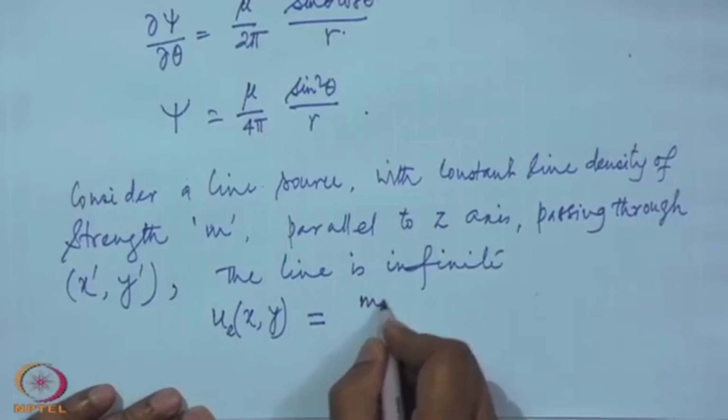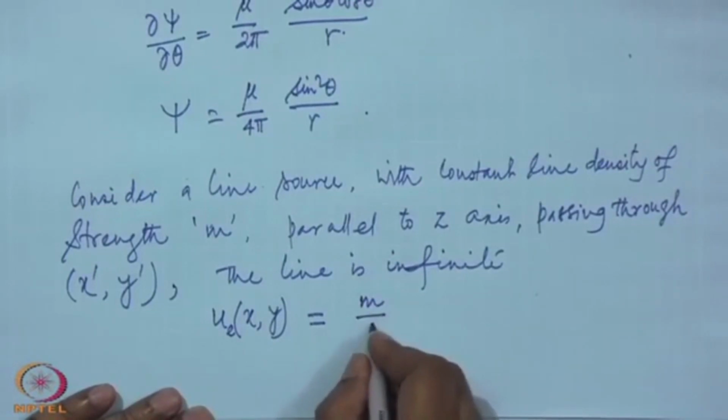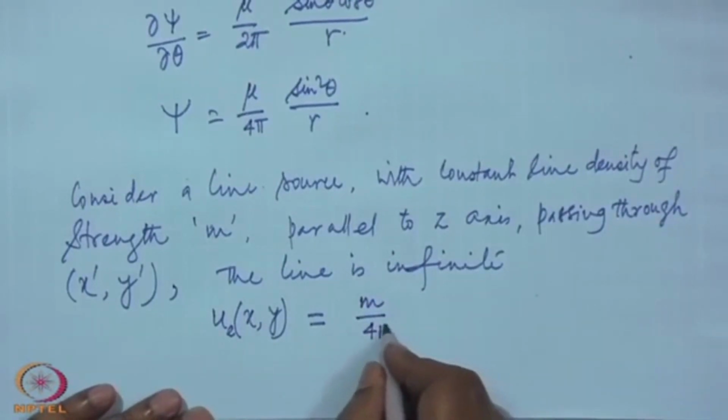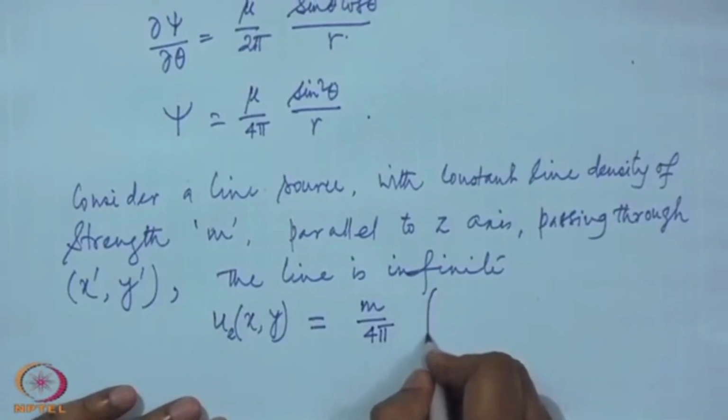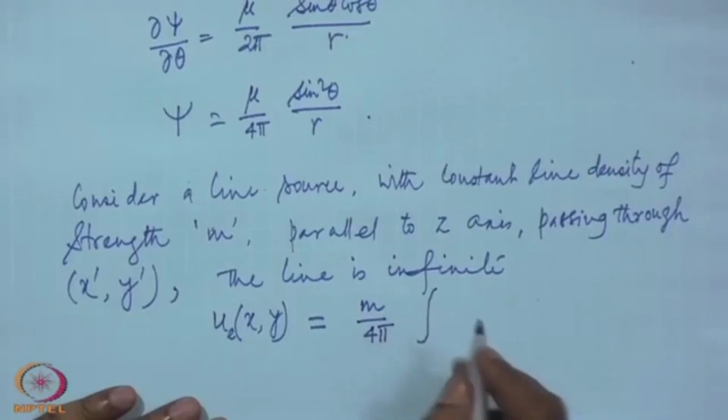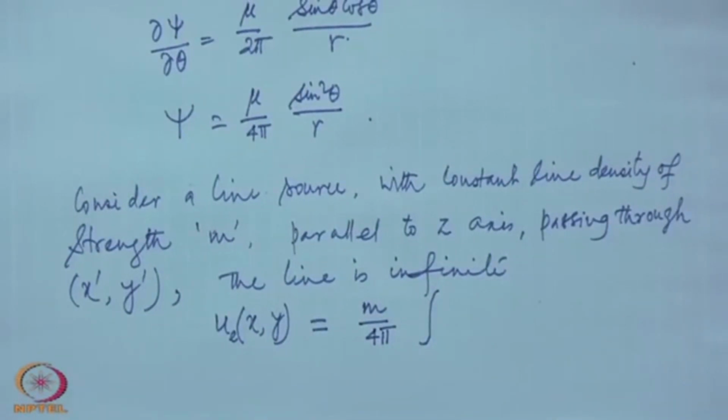Since m is constant, it will come out of the integration, m by 4 pi into what the velocity was, m by 4 pi r square in the direction of r.